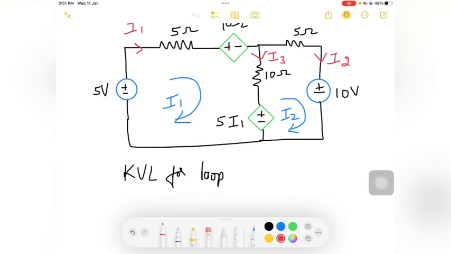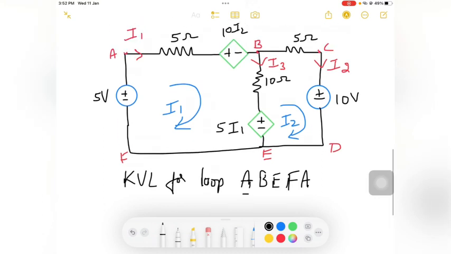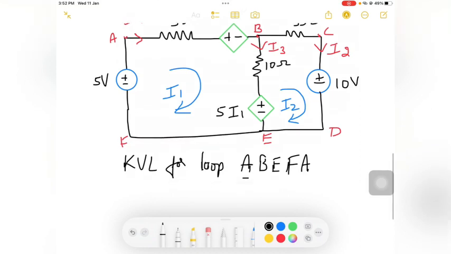I will take this node as B, this C, D, E, F. Now apply KVL for the loop A, B, E, F, A. Whenever I say applying a loop, I start from node A and need to come back to node A. That is a complete loop. The current will flow from this point and come back to the point A here.